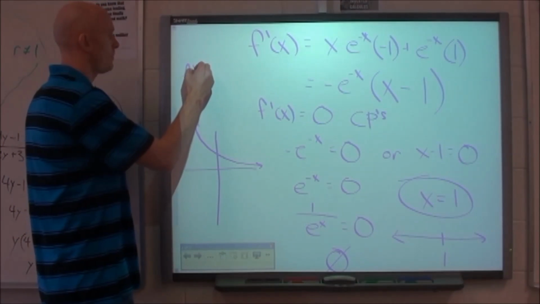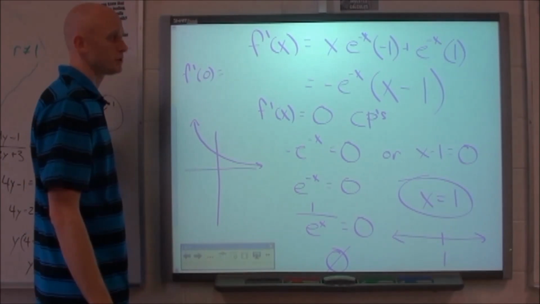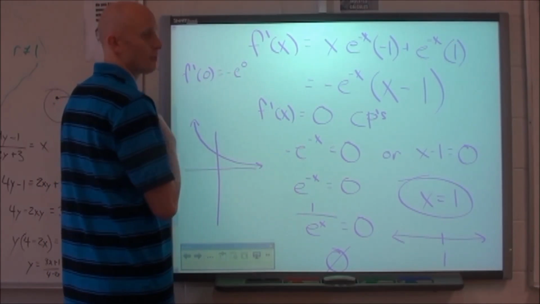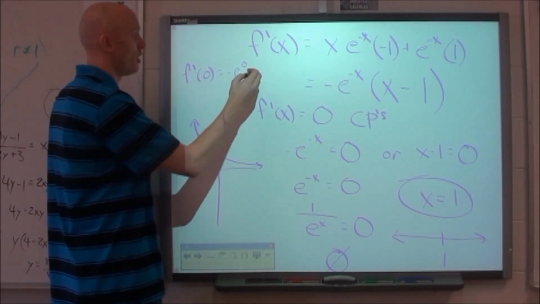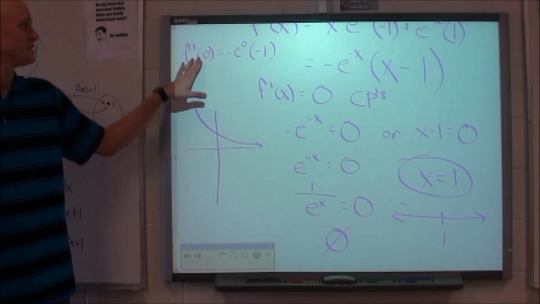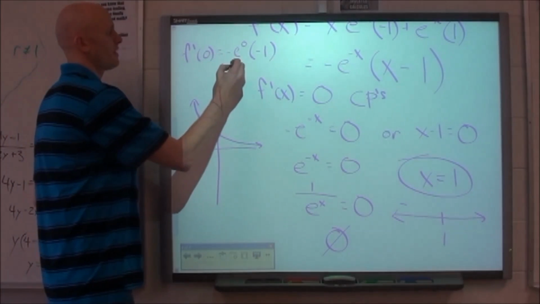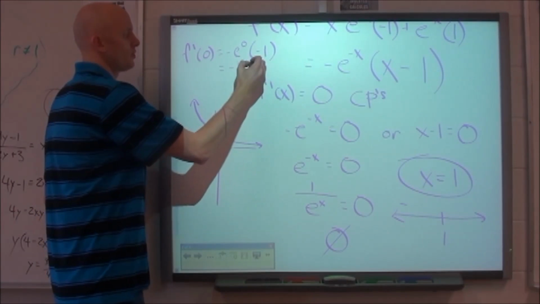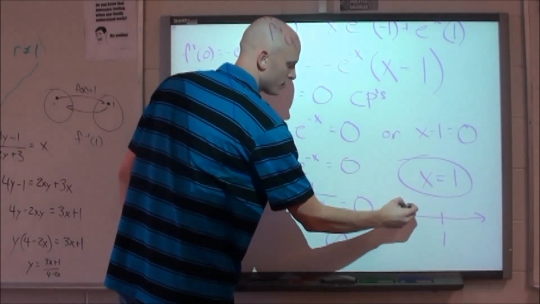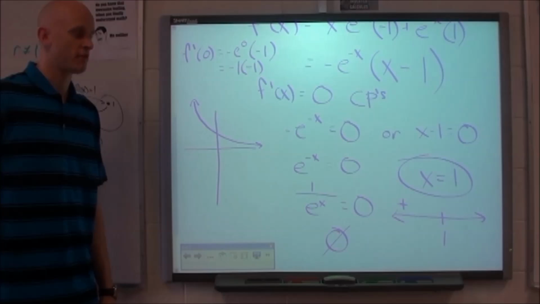So f prime of 0 is equal to negative e to the 0 power. Anything to the 0 power is 1 multiplied by negative 1. Plugging in 0 into this, we will come up with a negative 1 multiplied by negative 1, which is a positive value to the left of 1.